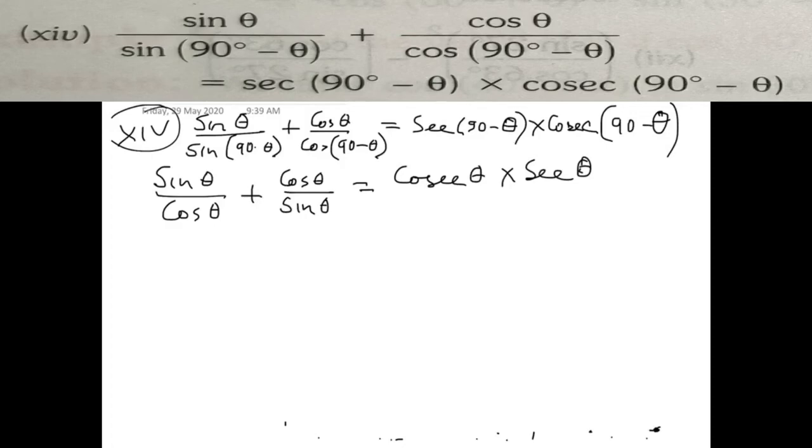Alright, now here on the left hand side we have addition, so as these two are getting added up, I'll take the LCM. LCM between cos theta and sin theta is cos theta sin theta.